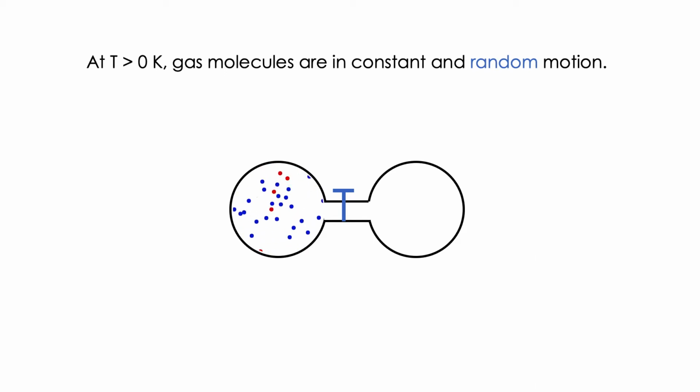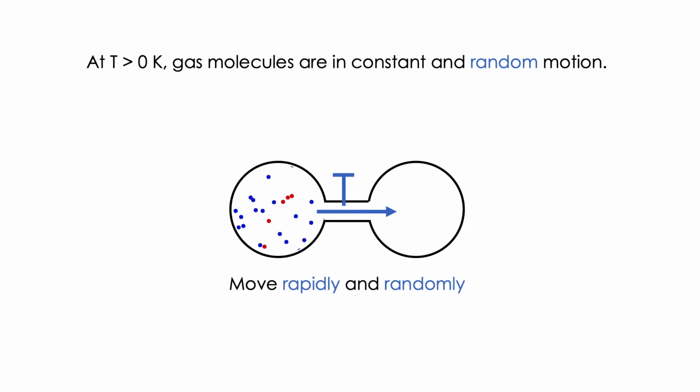Now, if we open our valve, we know that the molecules will go to the other side. What we are going to do now is describe mathematically the reasons why these molecules will distribute to both sides. This movement is rapid and random. And again, it's important to emphasize that because we are dealing with randomness of molecules.